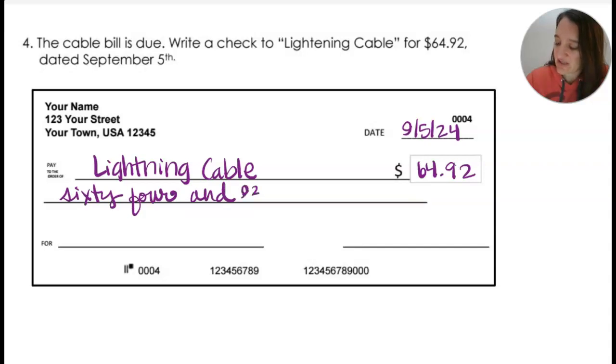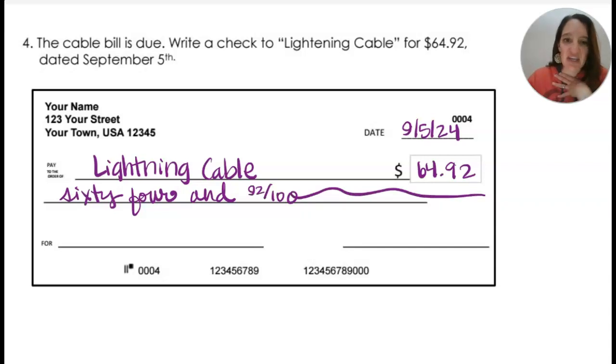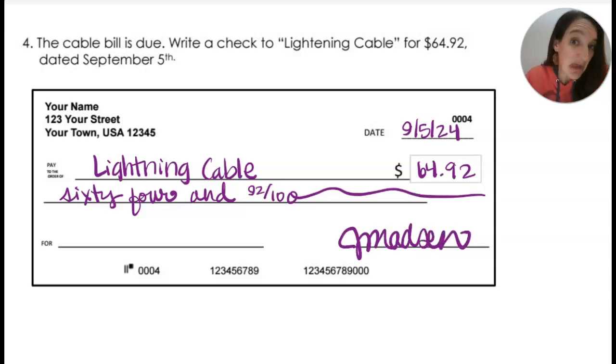Let's make it look like a 92 so the bank knows how much to take out. 92/100ths. Okay, you'll see that I've been doing it in cursive. That seems to be what you'll see, but it does not have to be that way. It just kind of looks more professional if you do it in cursive. That is for the cable bill.